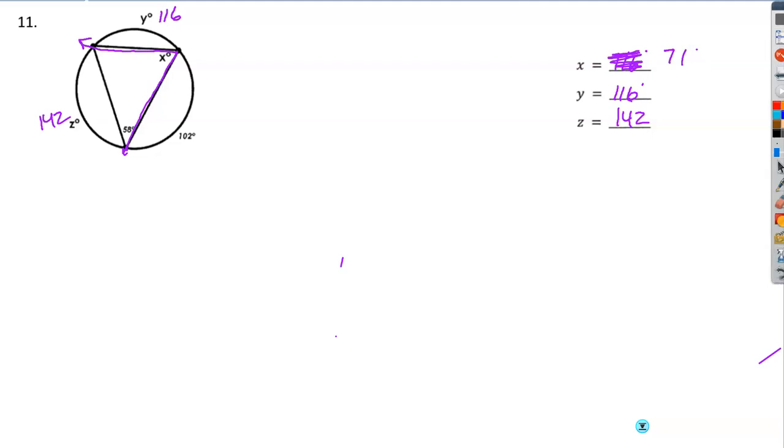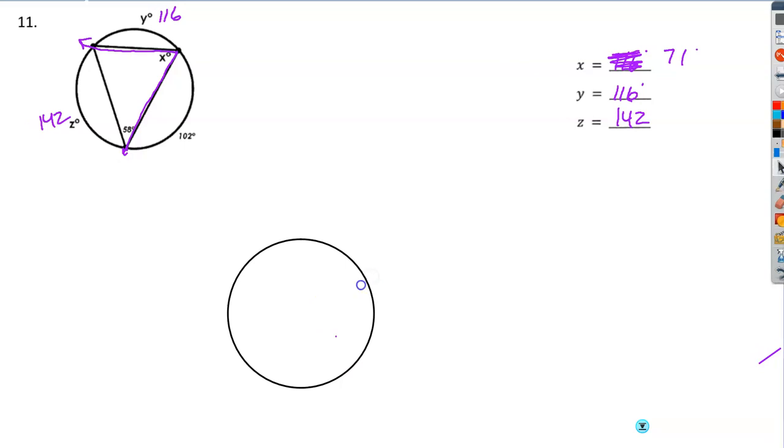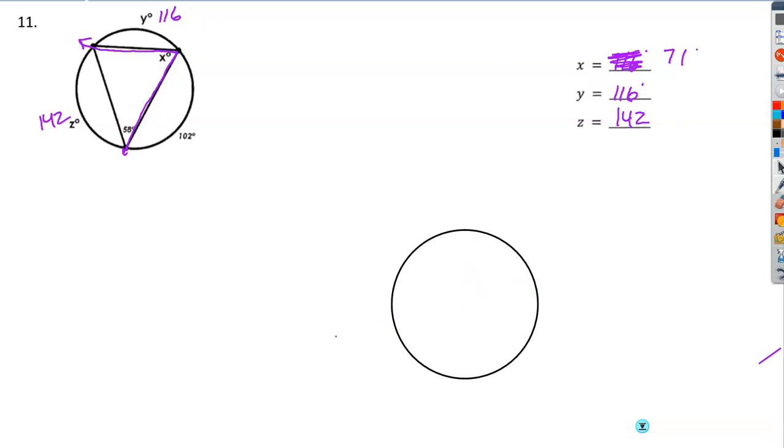Now there is one thing I noticed I didn't put in the review, and I meant to, so I'm going to add that here. And that is what happens if you have, let me do that in black, a quadrilateral inside of your circle? What I mean by that is if I give you a shape that looks something like this, remember?